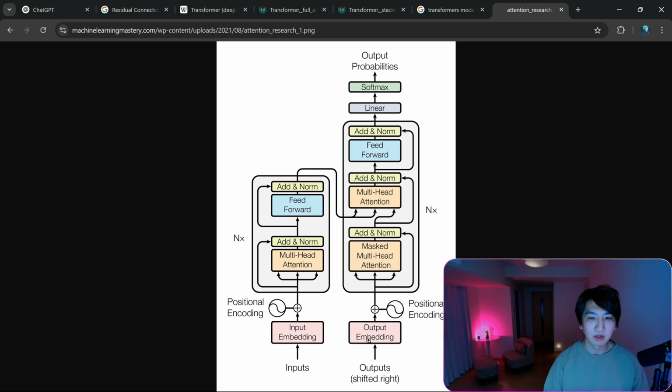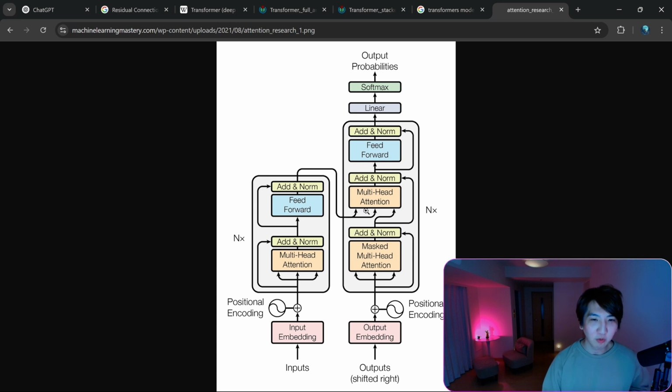And same for the decoder, but it's shifted right. So in today's video, I'd like to talk specifically about the encoder, which would be this one here, and these are the decoder.